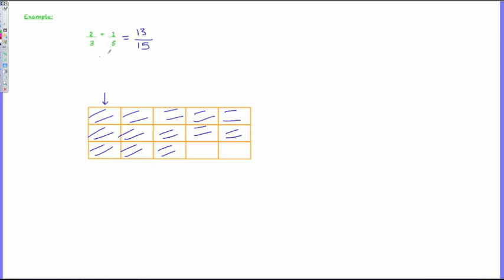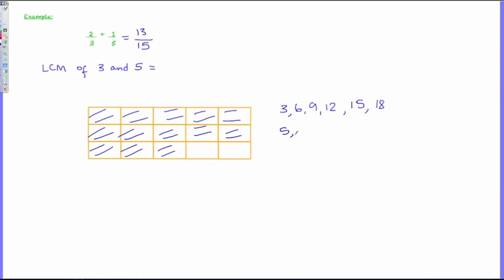If I'm just to use my numbers and I don't want to draw my diagram, then we can find the lowest common multiple. You need to find the lowest common multiple of 3 and 5. For the 3 times table we've got 3, 6, 9, 12, 15 and 18.